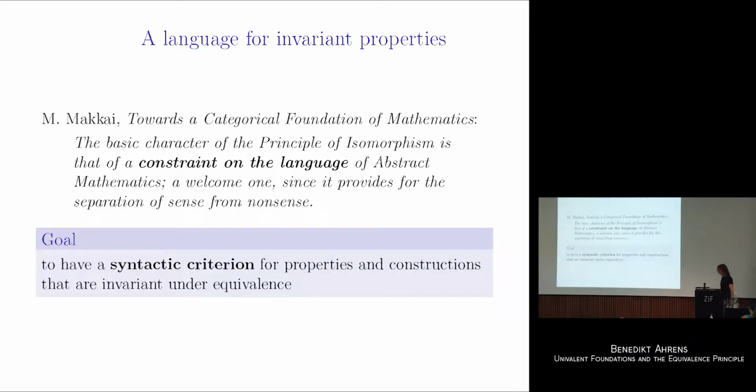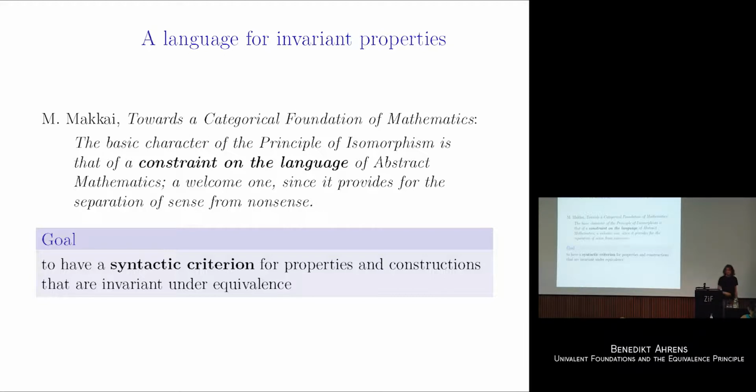So, put a bit differently, a goal could be to have a syntactic criterion for properties and eventually also constructions that are invariant under equivalence.